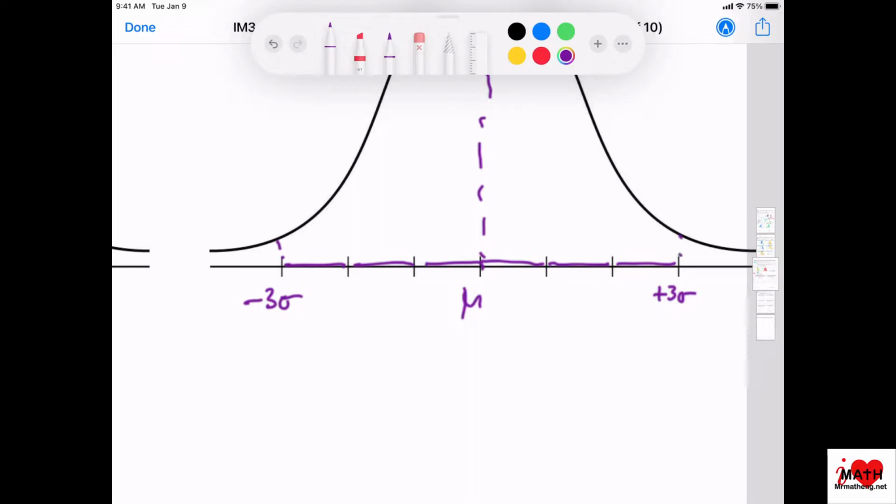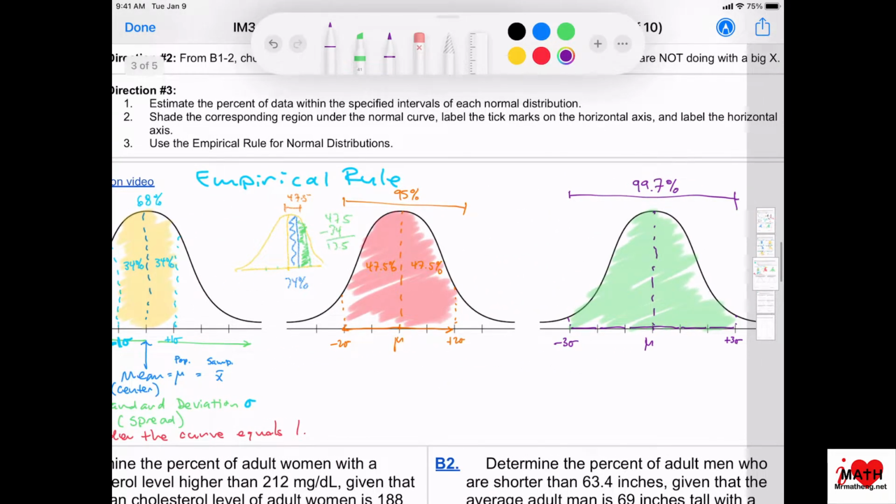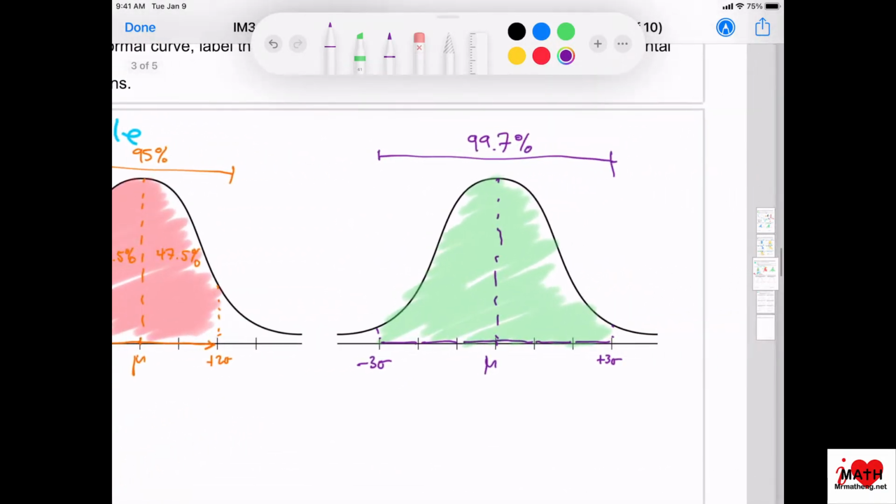Basically up here. Let's shade that in some kind of color here. Let's choose green. So everything in green represents 99.7%. So again, the empirical rule is 68, 95, 99.7.